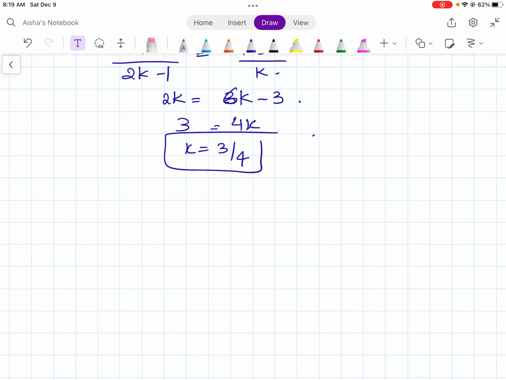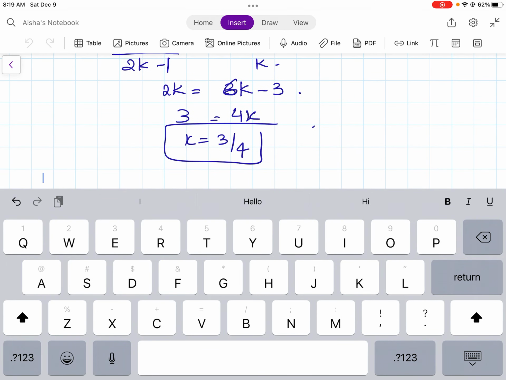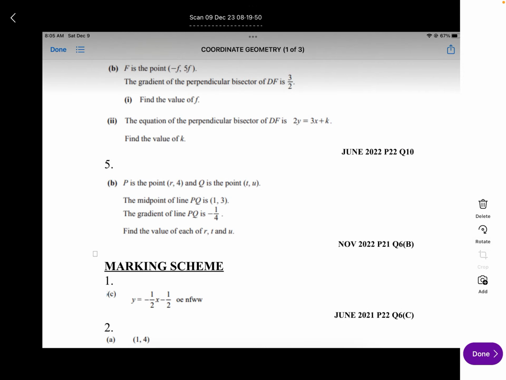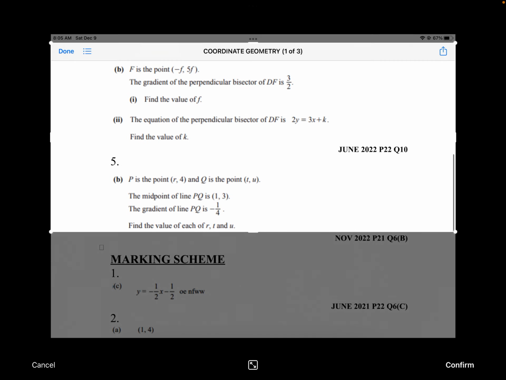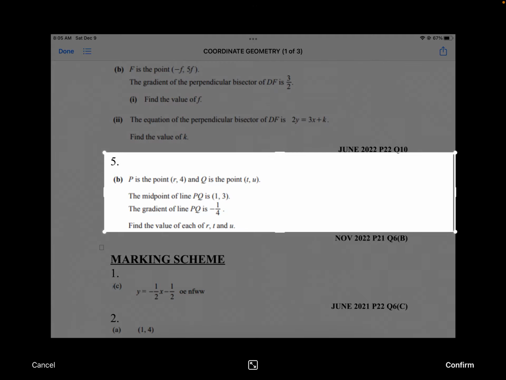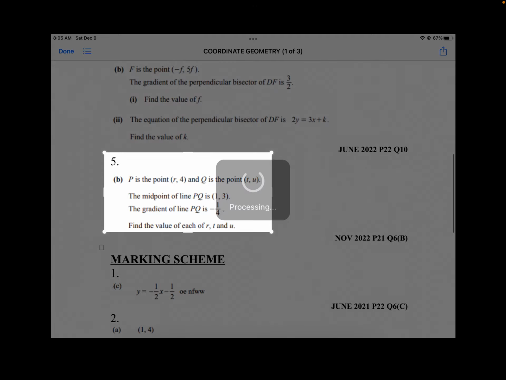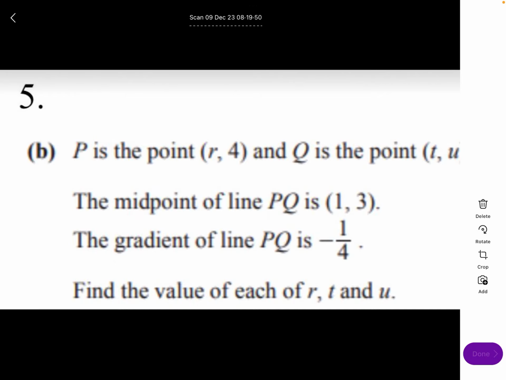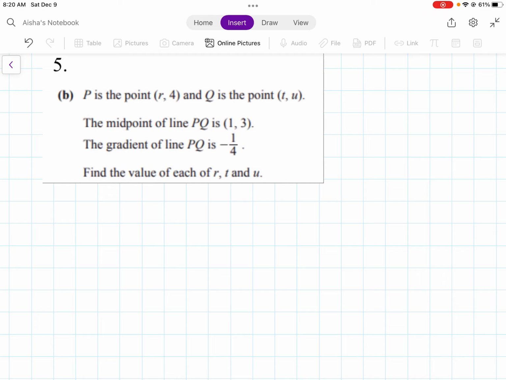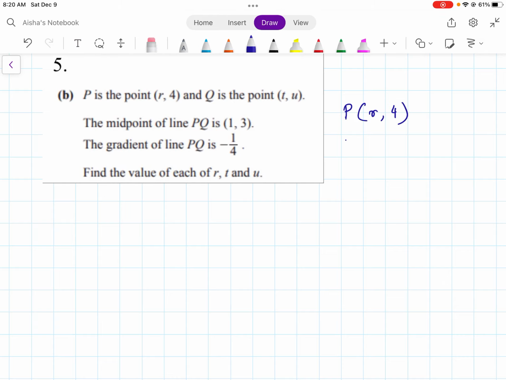Let's see how the past paper questions look. P is the point r comma 4, Q is t comma u.